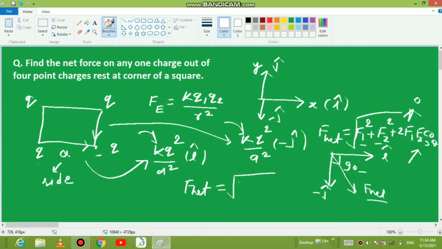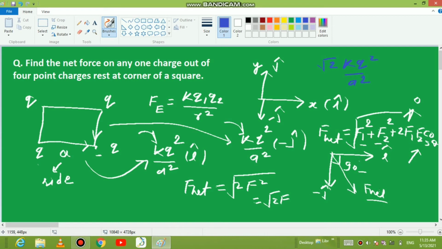That is equal to root 2 F. So our resultant value is root 2 kq square upon a square. And this is our direction of the resultant force.